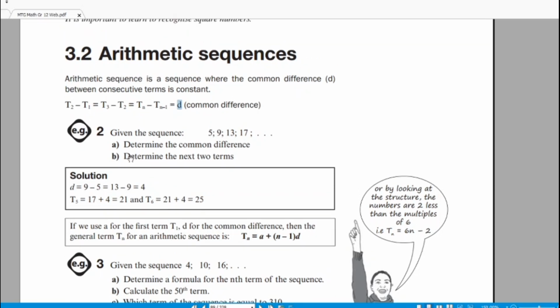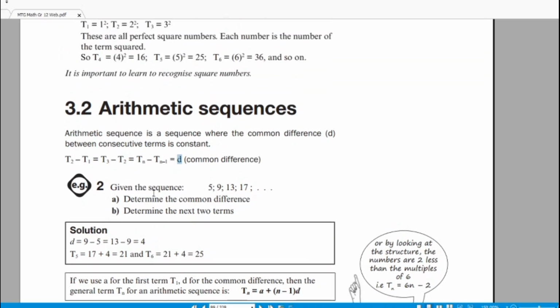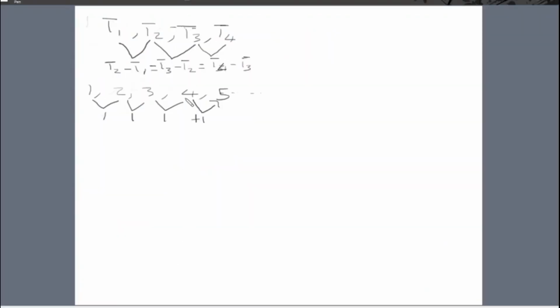So let us look at this example here. Given the sequence 5, 9, 13, 17.